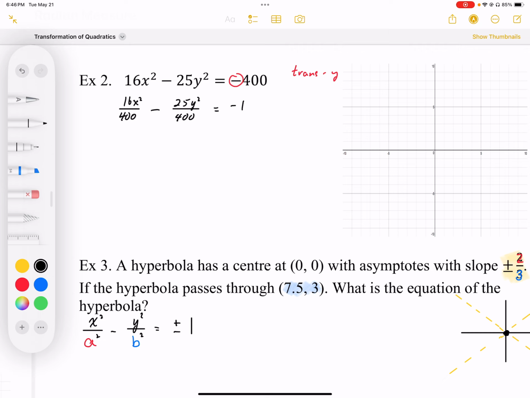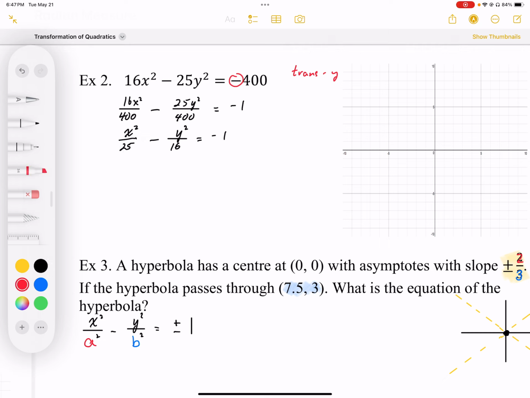Simplifying this ratio, 16 over 400 has a common factor of 16, so we end up with x squared over 25, minus 25 over 400 shares a common factor of 25, so we get rid of that common factor. We get y squared over 16, and that's equal to negative 1.